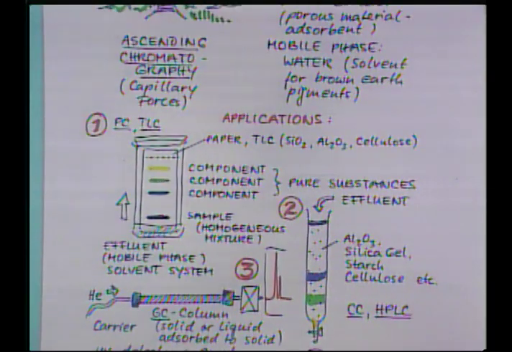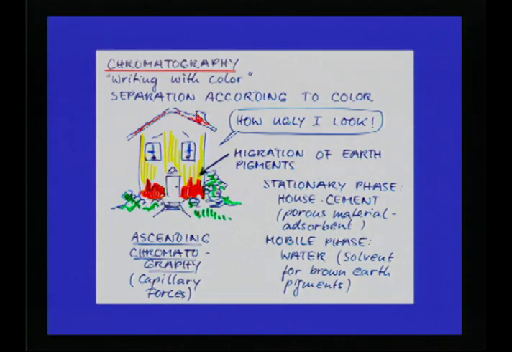And now things are so refined that we can do various types of chromatography using different types of materials or driving chemicals that help to separate the components into different arrays.